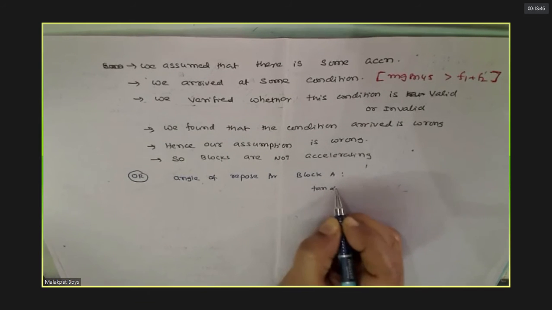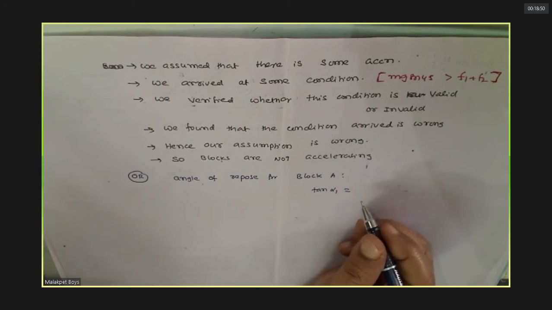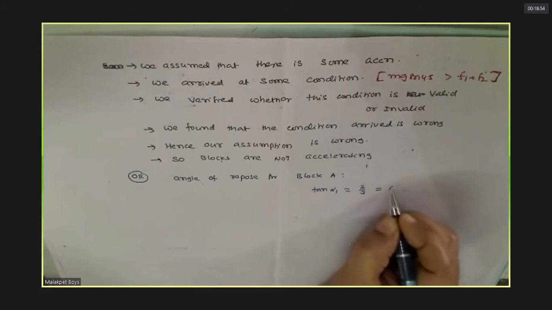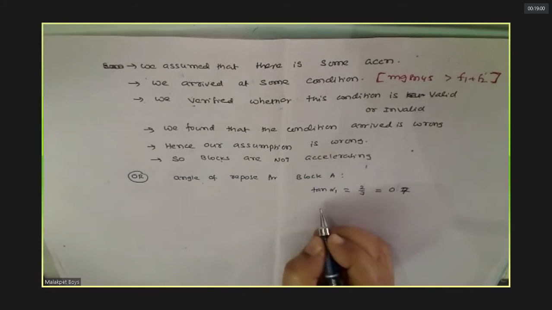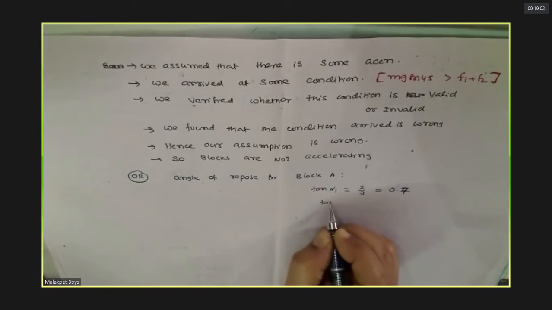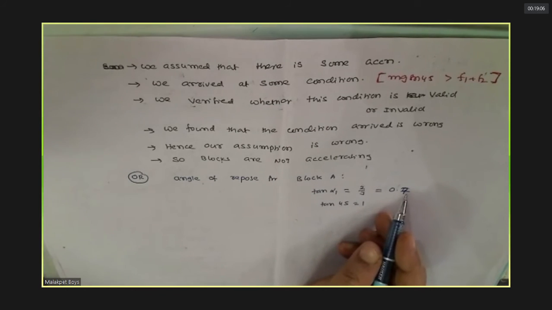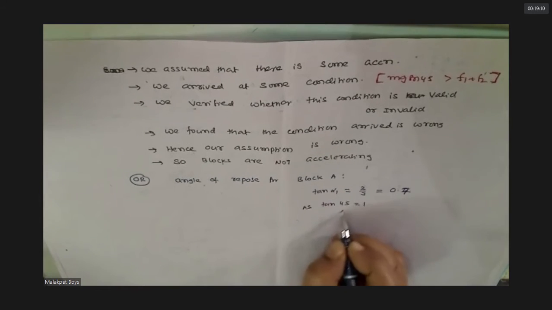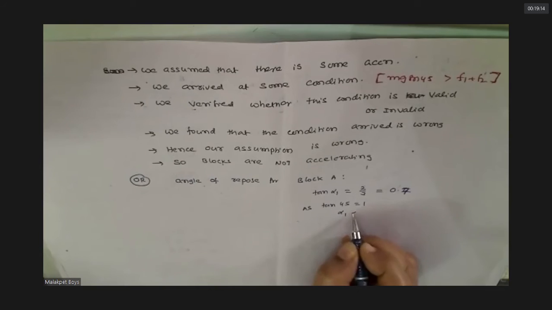Tan alpha 1 is how much for A? 2 by 3. 2 by 3 is around 0.67. Now you can see tan 45 is 1, no? So this should be an angle below 45. Tan is an increasing function of angle, no?